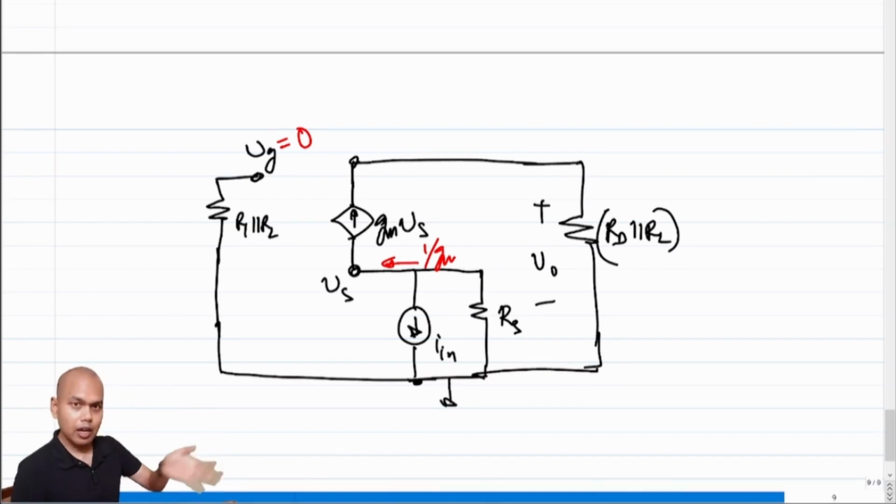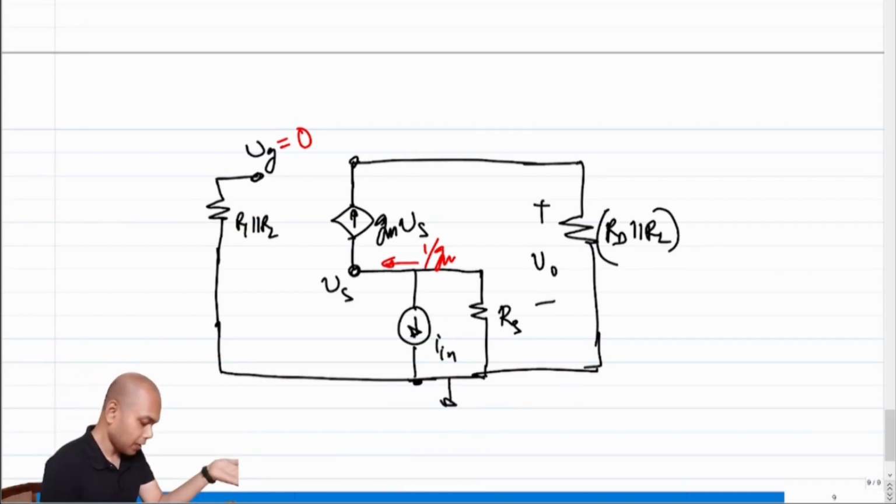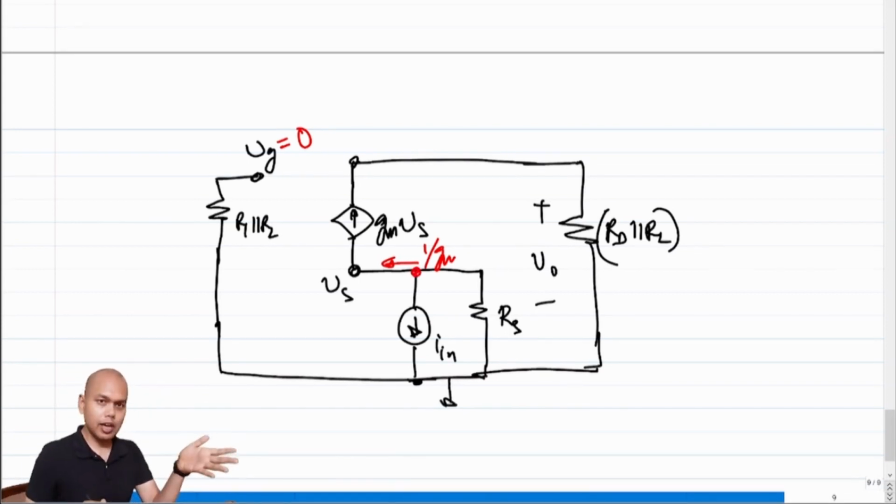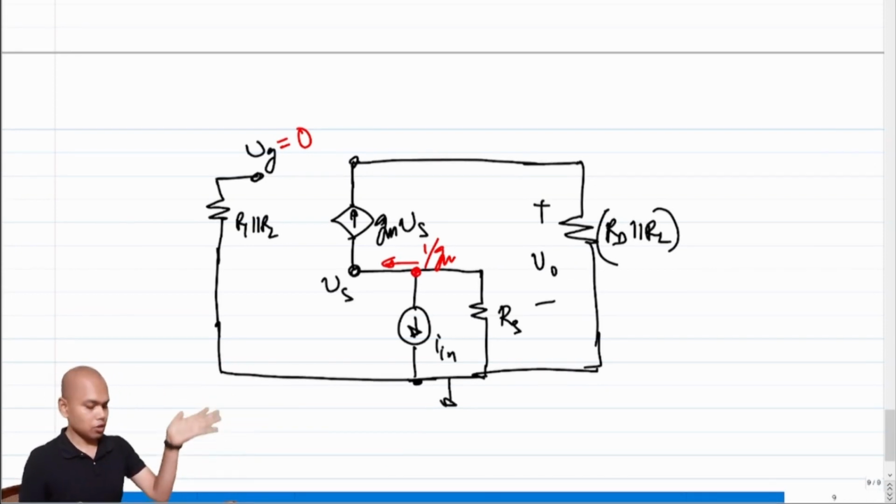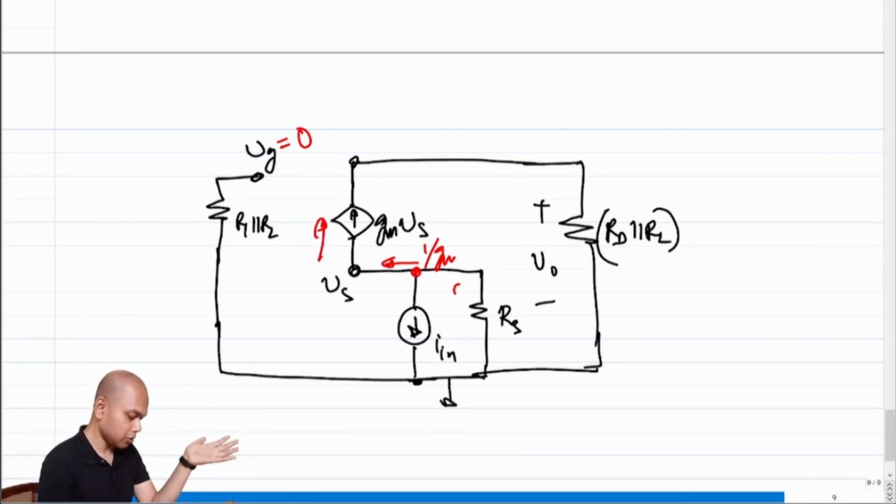IN is appearing at this junction, and it has to decide how much should go this way, and what portion of it will go into this internal impedance. So how much will go upstairs? So clearly the current division.